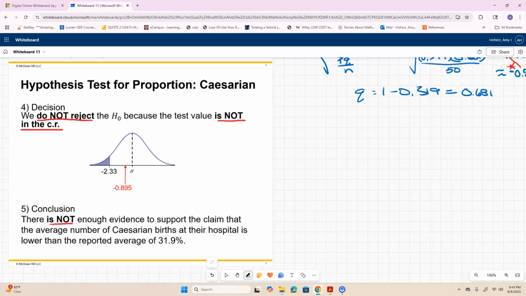So again, we took the null hypothesis to trial, charged it with being lower than 31.9%, did not provide enough evidence to support that, so we said he's not guilty. We're not going to reject the null hypothesis. We're going to say the null hypothesis probably holds true for this hospital as it does for the other hospitals. So that's it for Chapter 8.